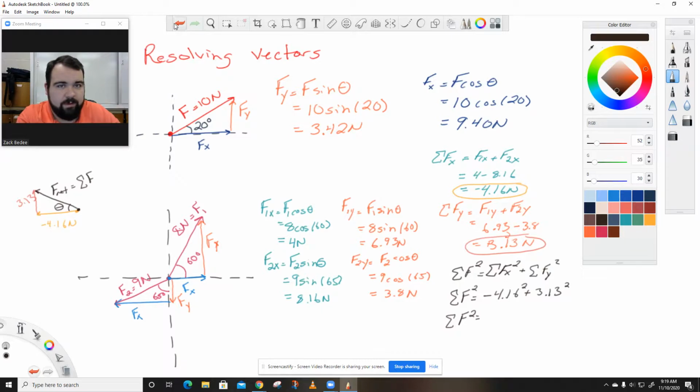Let's just jump right to the answer there, because sigma F ends up coming out to 5.21 newtons. So there's a magnitude. Now to get the direction, I'm going to use inverse tangent. So y over x.